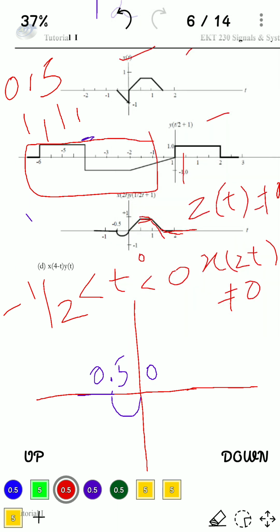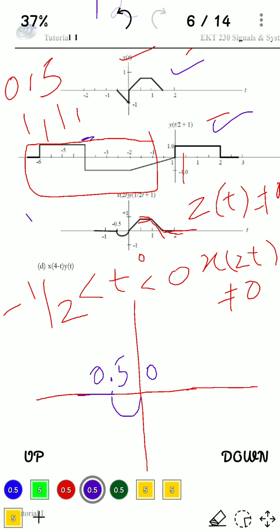Consider this minus 1. For 0.5 it is 1, and for 0.5 here also it is 1. For 0 it was 0, but for 0.5, in both this signal as well as this signal, you are getting the amplitude as 1. So 1 into 1 results in 1.